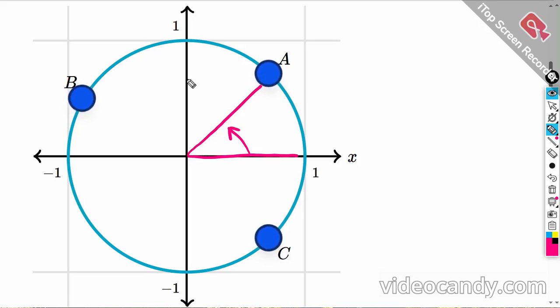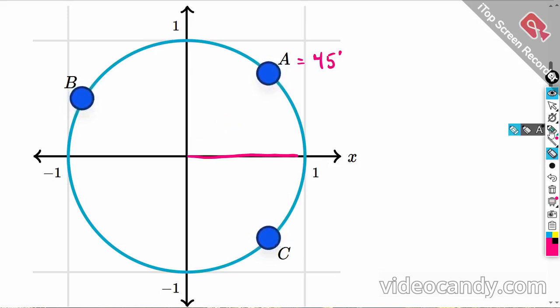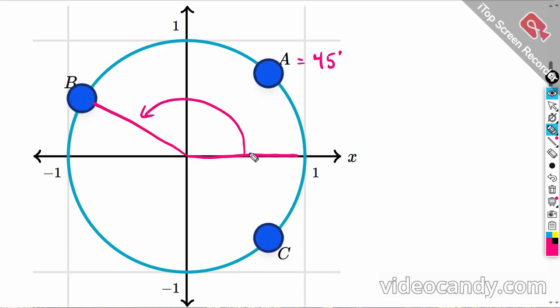Going all the way to here would be 90, so I would say this is approximately 45 degrees. I'll do the choices in a minute. If we went to point B, we started here and went around to point B right here. That's about 90 plus another 45, maybe 60, so this is probably about 150 degrees.